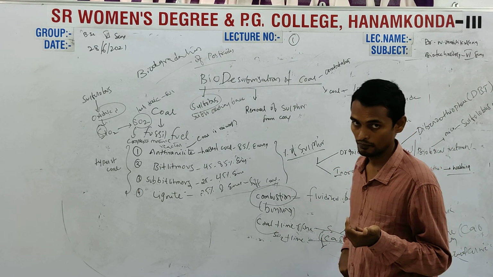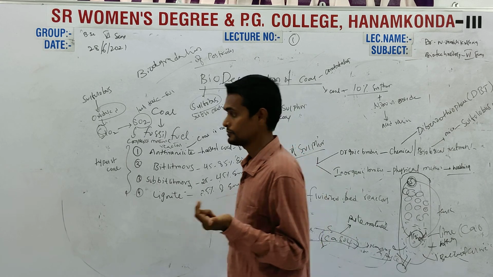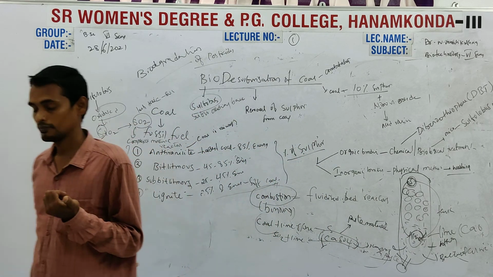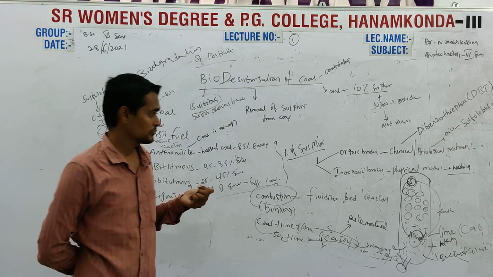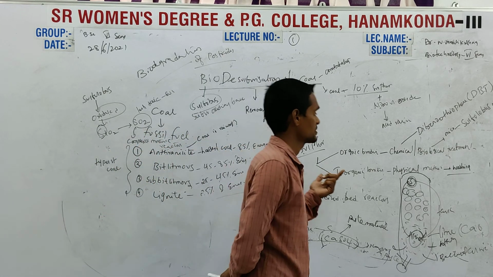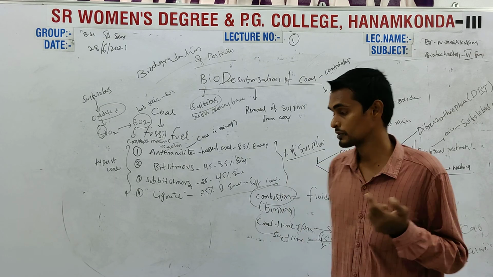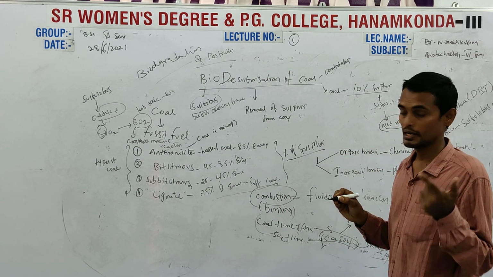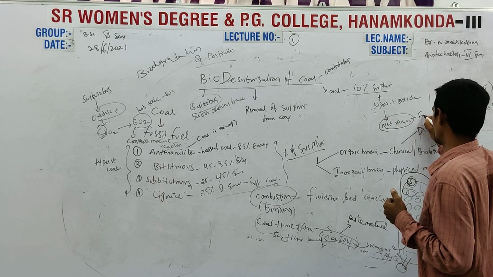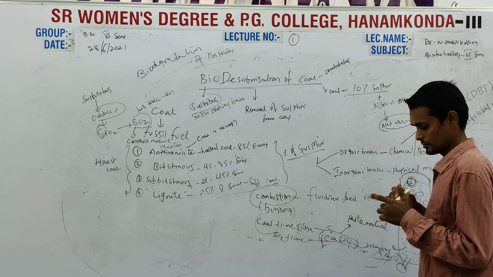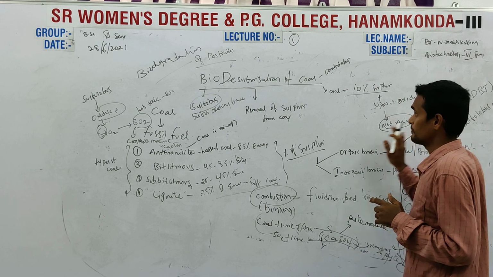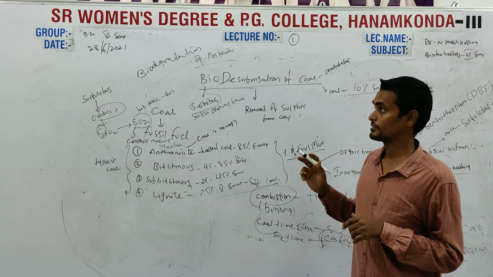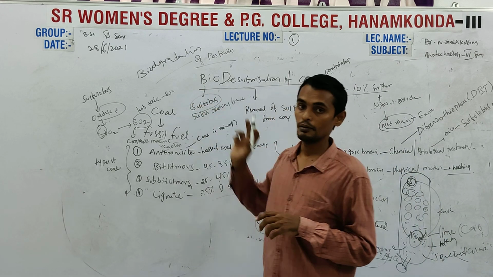Whenever the coal is burning, the fumes coming from the coal contain sulfur. These sulfur fumes can react with nitrous oxide, which ultimately forms acid and creates environmental damage. Such damage can be prevented by the method of biodesulfurization of coal. In the next class we will see the biodegradation of pesticides.